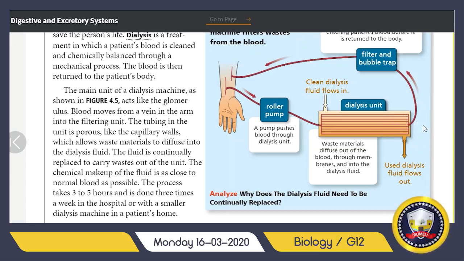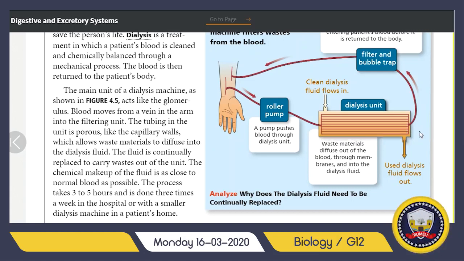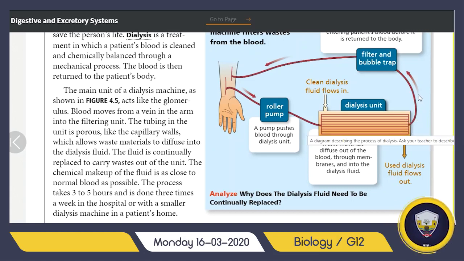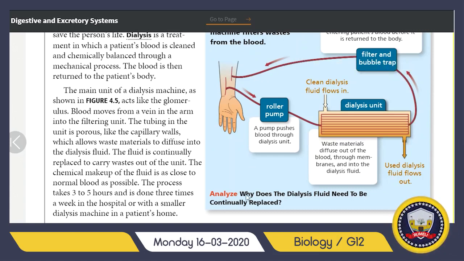The fluid is continually replaced to carry waste out of the unit. The chemical makeup of the fluid is as close to normal blood as possible. It's not identical 100%, but it's close enough. And of course, the clean blood now moves back into the artery.